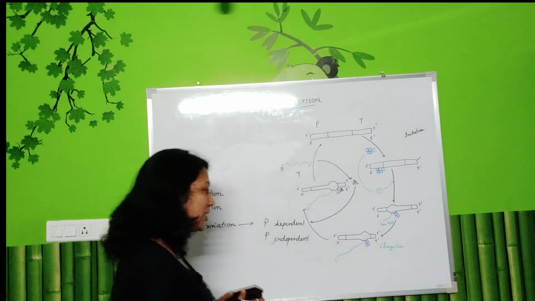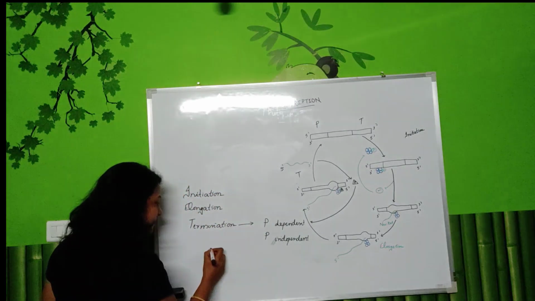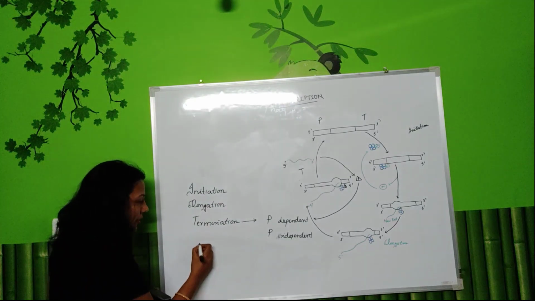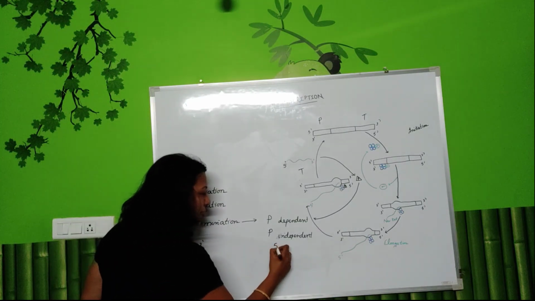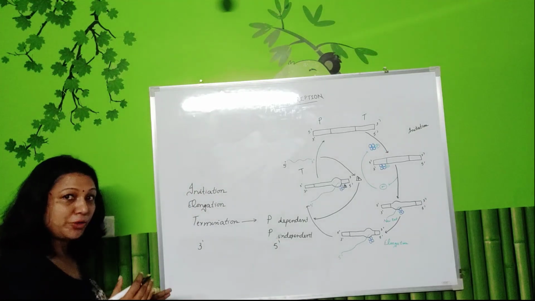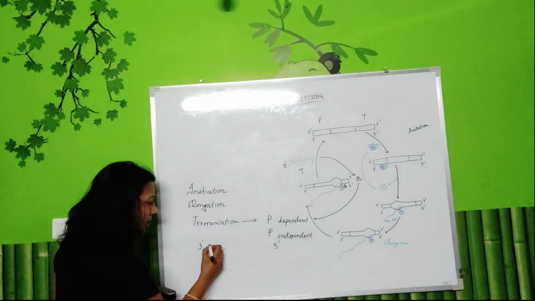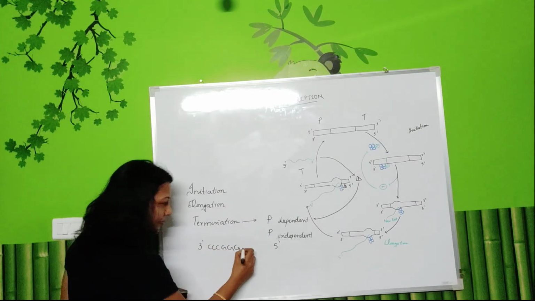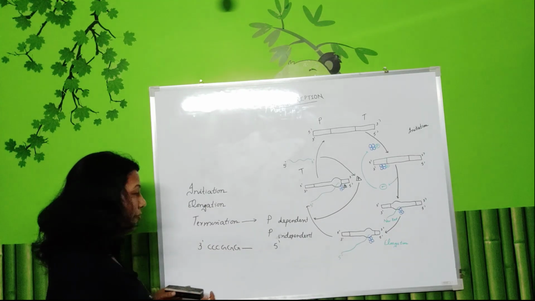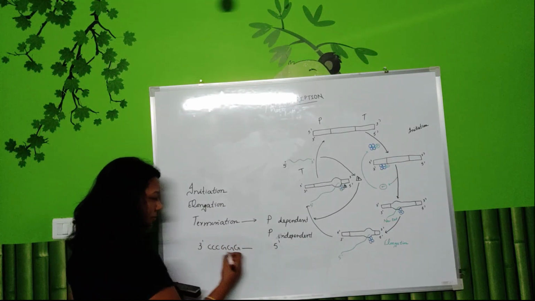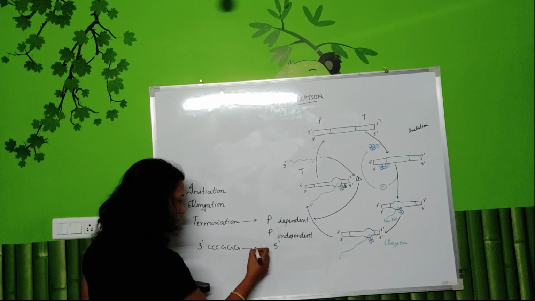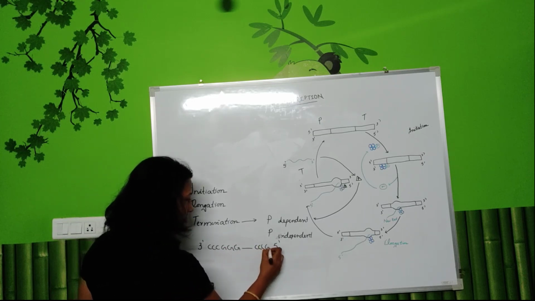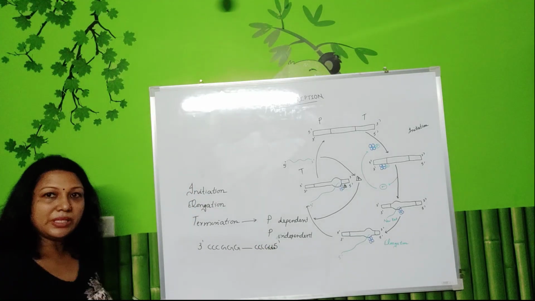Okay, now how is this formed? It is easy. We are going to create one palindromic sequence. I'm going to take the DNA in the 3' to 5' direction. We have C, C, G, G, G, right? Again we have a simple DNA sequence.